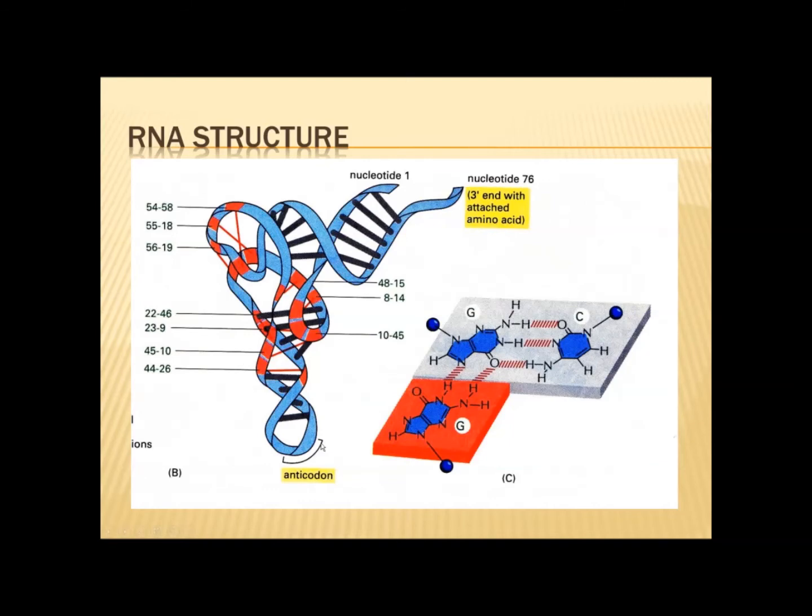This is what's called the anticodon region. During protein synthesis, the anticodon region binds to the codon region, because remember, it's supposed to transport amino acids to the site of protein synthesis. Now this is not exactly 90 degrees, but it seems slightly skewed.